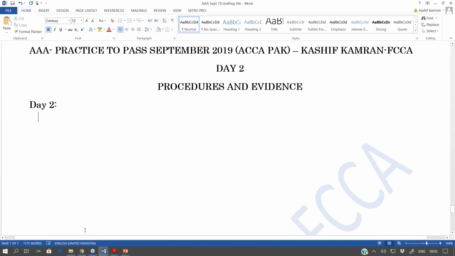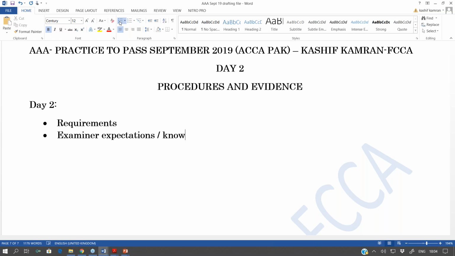The very first thing is to know the requirements, what exactly the examiner asks for when a question comes on procedures and evidence. Then to look at the examiner expectations around the requirements, and the knowledge we should have in mind when attempting requirements on procedures and evidence.